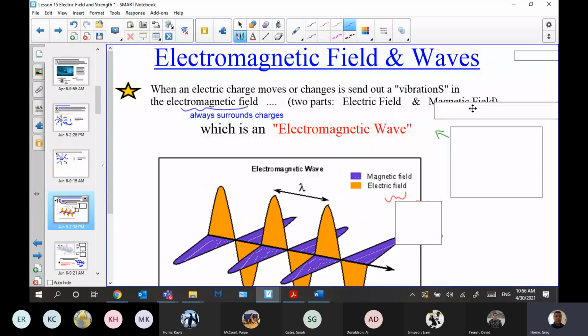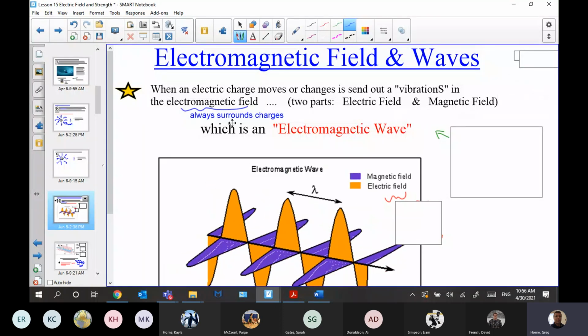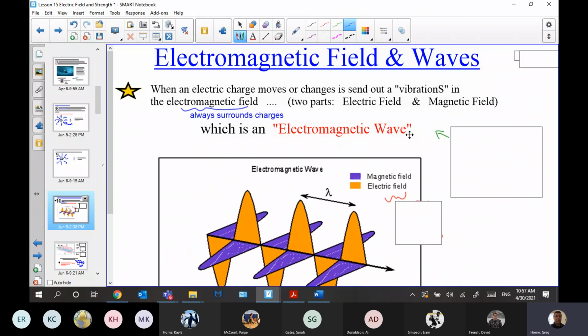When an electric charge moves or changes, it sends out vibrations in this electromagnetic field, which always surrounds charges, and it sends out a disturbance called an electromagnetic wave. You're familiar with electromagnetic waves, you might just not connect the dots: we're talking about light and radio waves and so on.